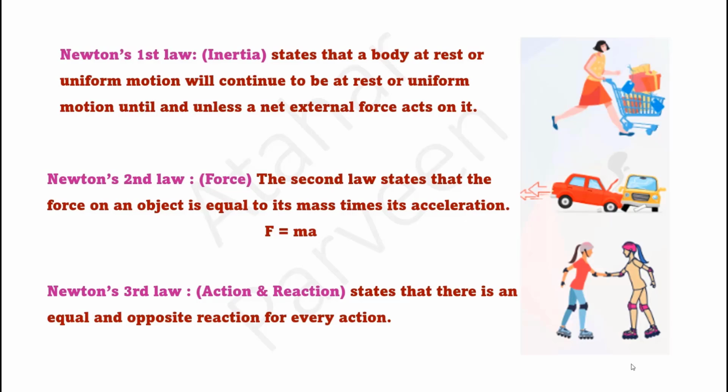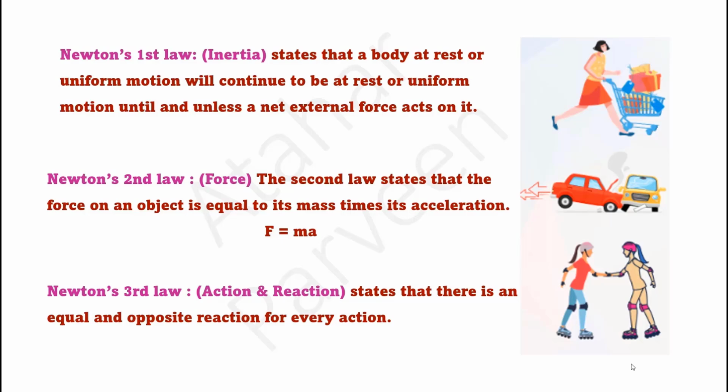Now coming to the second law, it talks about force. It states that the force on an object is equal to its mass times its acceleration. Force F is equal to mass into acceleration. For example, here there are two cars, one yellow car and one red car. The yellow car is moving on its way. The red car is coming from the side and hitting it as shown in this picture.